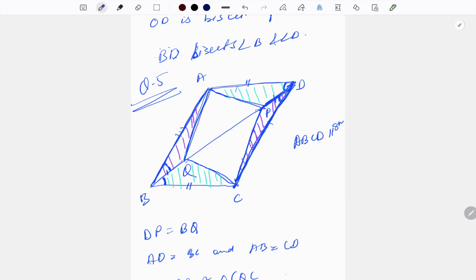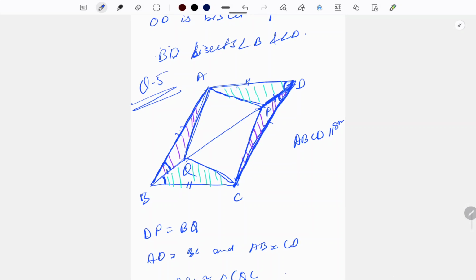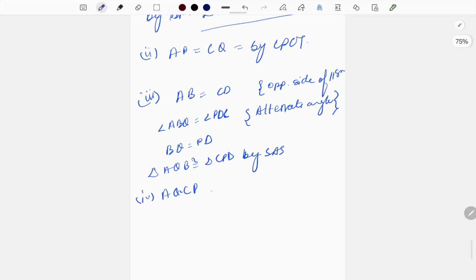So yes, it will be equal. And why? Because of CPCT, we have already proved these two triangles are congruent. So by CPCT.